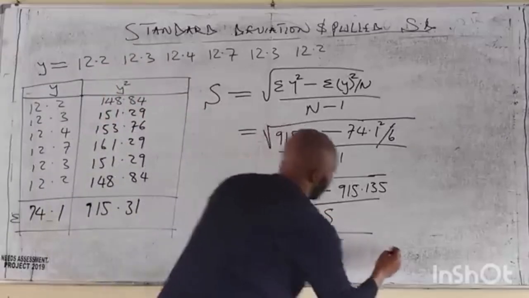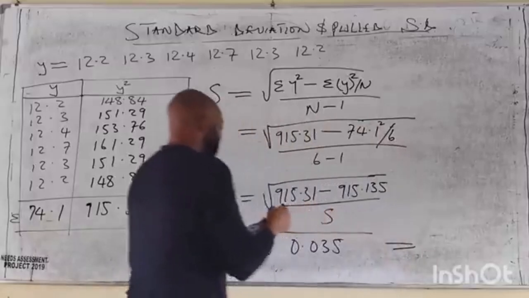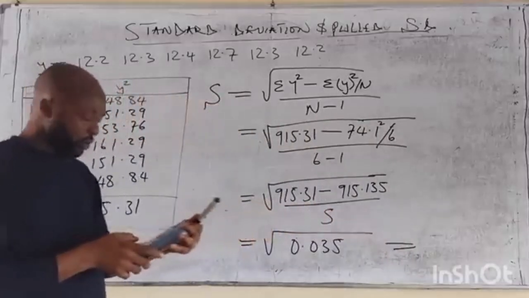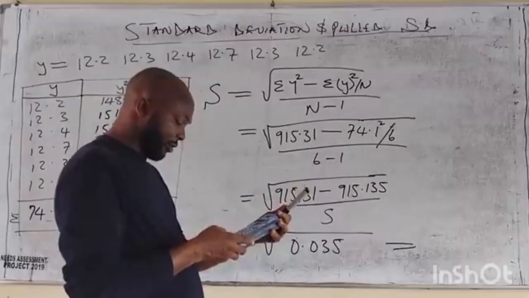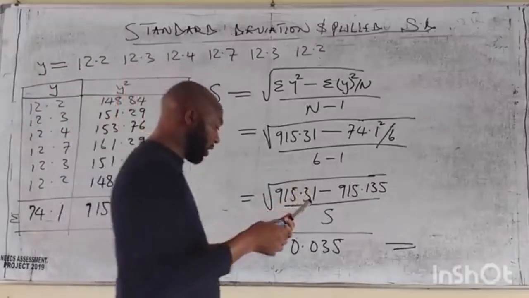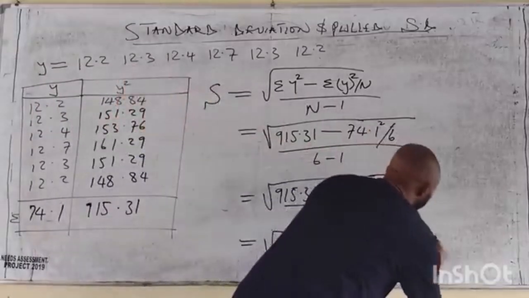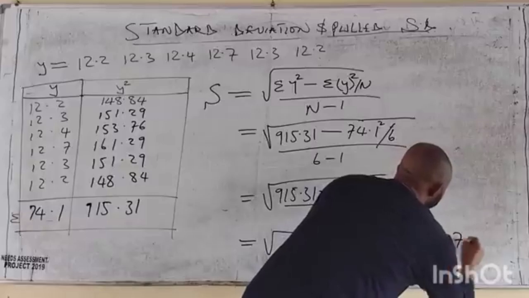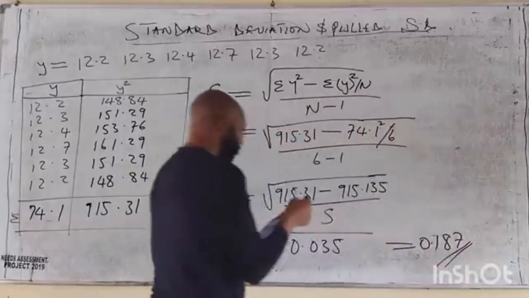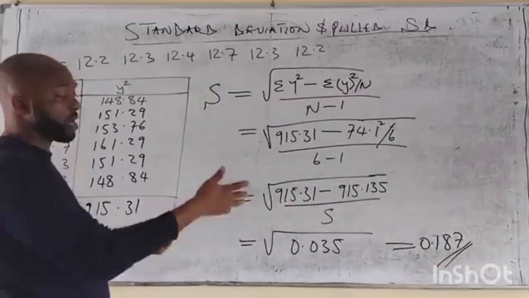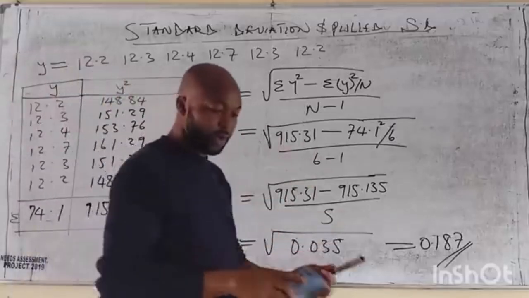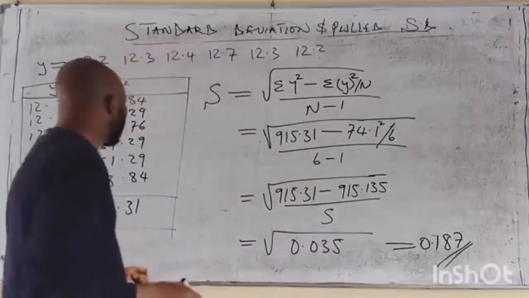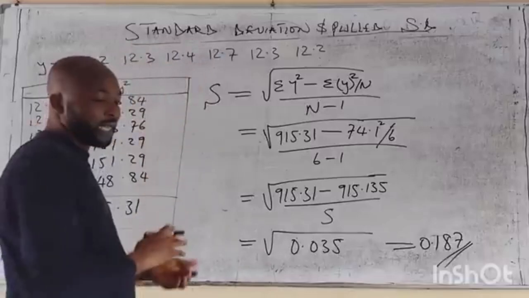The root of 0.035 will give us 0.187 as our standard deviation, approximately, to the nearest figure 0.2 or 0.19, any of the above. So this is our standard deviation.